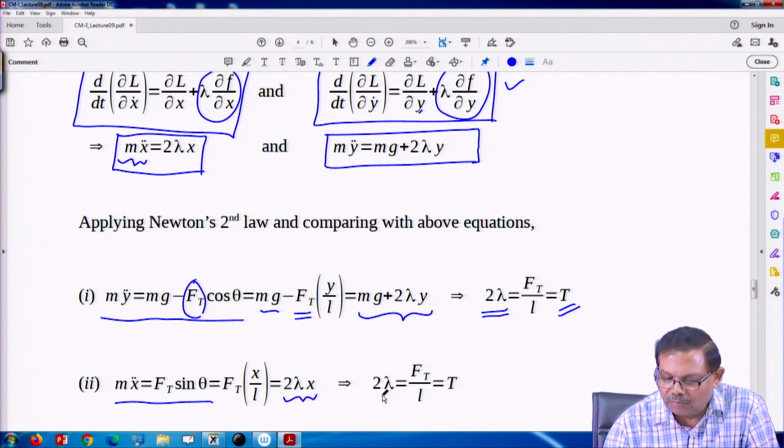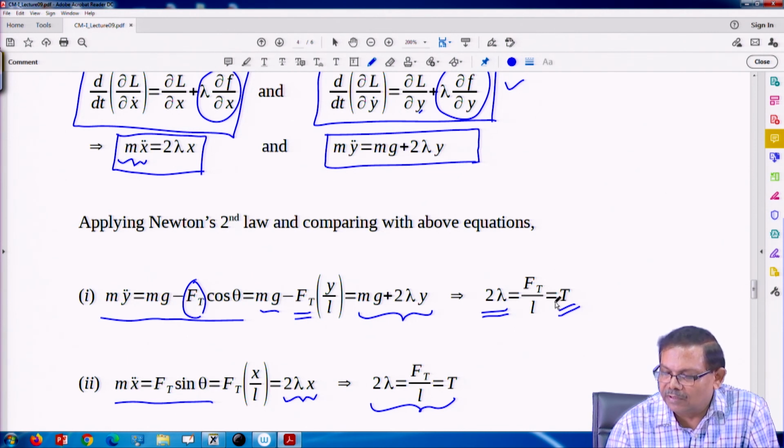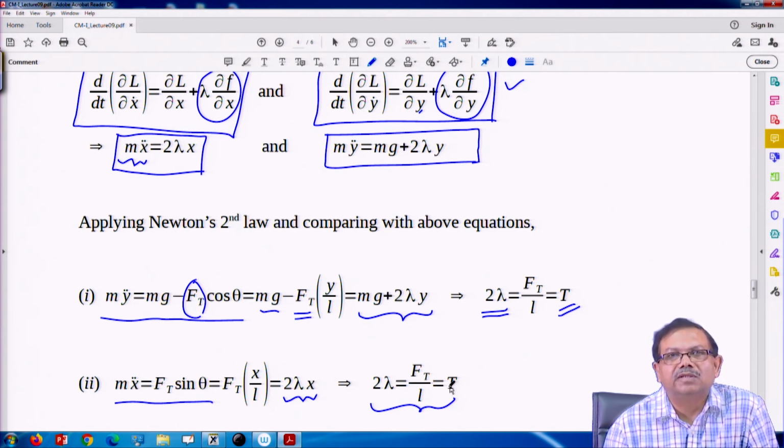Now, 2 lambda should be consistent with whatever we got here, and here also we got precisely the same thing. So, the results we obtained are consistent, and the constraint equation has been implemented properly. That is how constraints work. I have shown you with 2 examples. Thanks a lot.